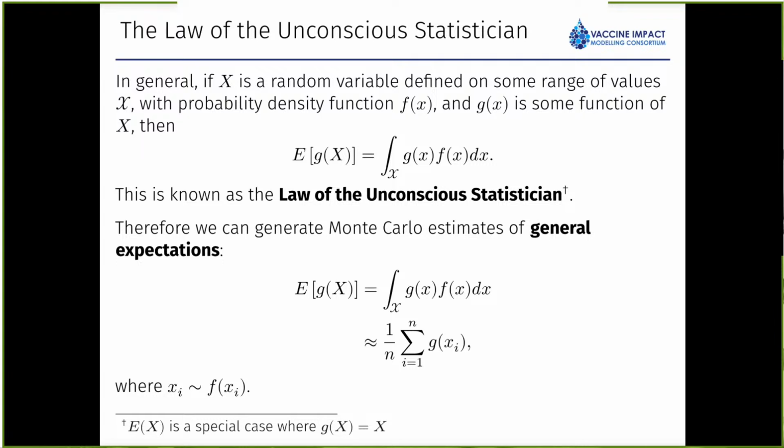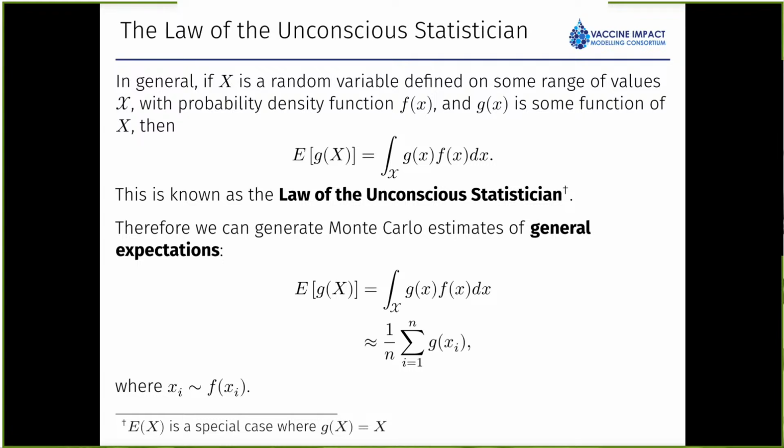Now, this is just a quick aside because we're going to come back to this later on. This is just a slide with something known as the law of the unconscious statistician. All this says is that when I'm calculating the expected value of x, that's the integral of x times f of x, where f of x is my density function. This generalizes to any function of x.